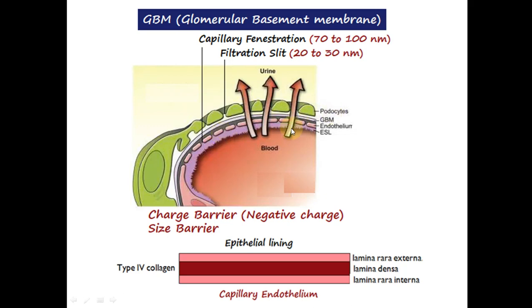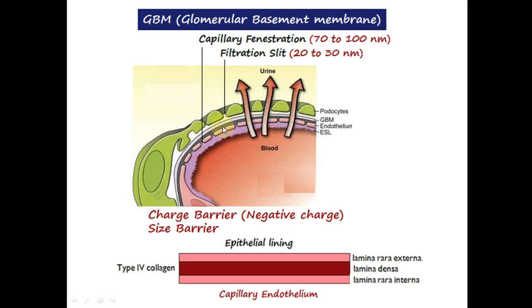Comparatively, this is a wide barrier, about 70 to 100 nanometers, and except the cells and larger plasma proteins, all the plasma can be filtered through these capillary fenestrations, and the initial filtrate is just similar to the plasma with the exception of the larger proteins and cells.